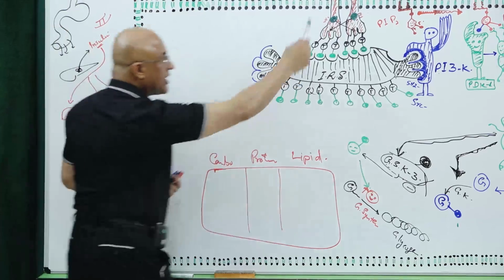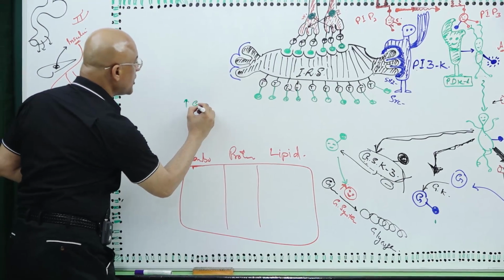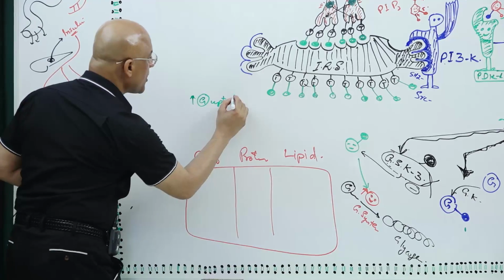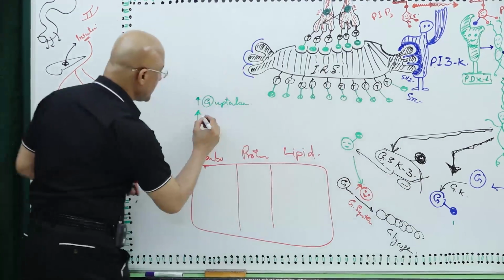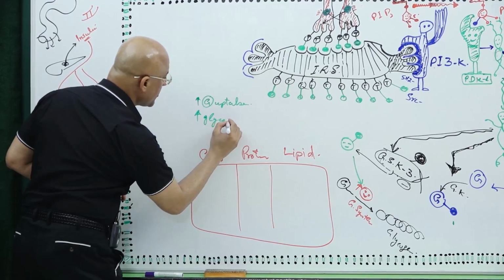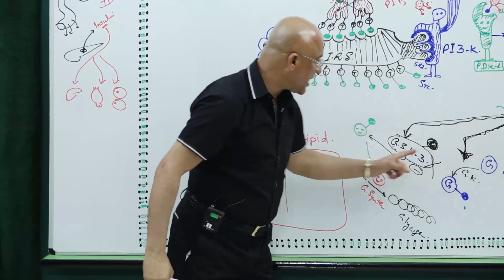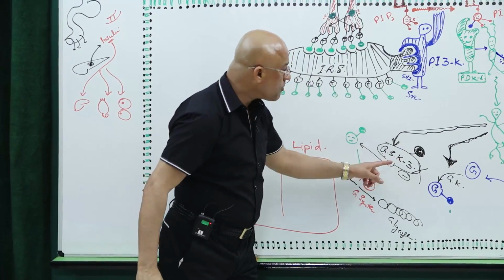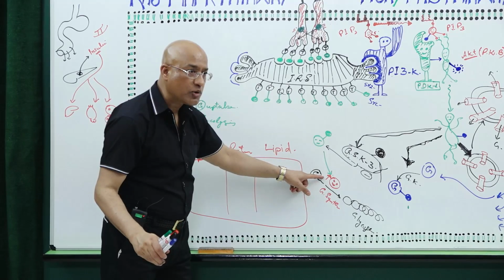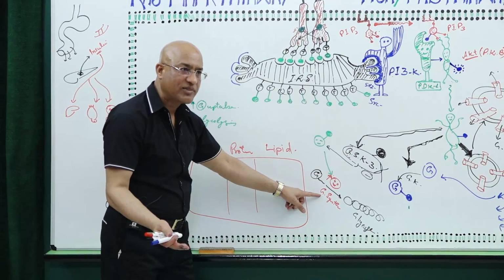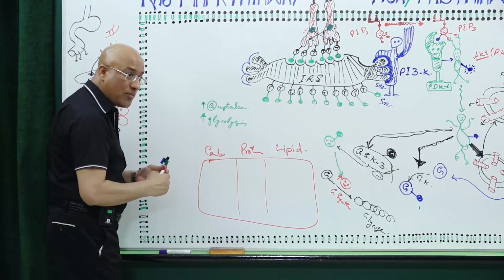Now, up to now, insulin action has produced, number one, increased glucose uptake. Number two, it has led to increased glycolysis. Plus, due to phosphorylation of GSK3, disabled or inhibited GSK3 cannot phosphorylate glycogen synthase. Glycogen synthase activity goes up, and that will lead to glycogenesis.